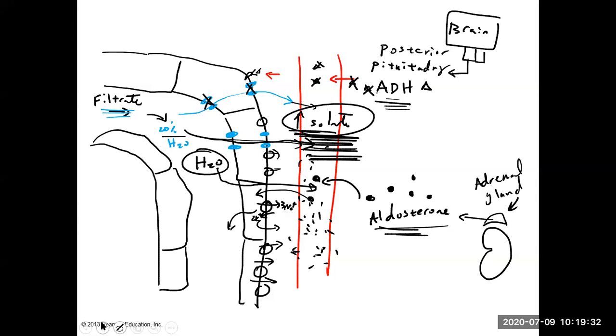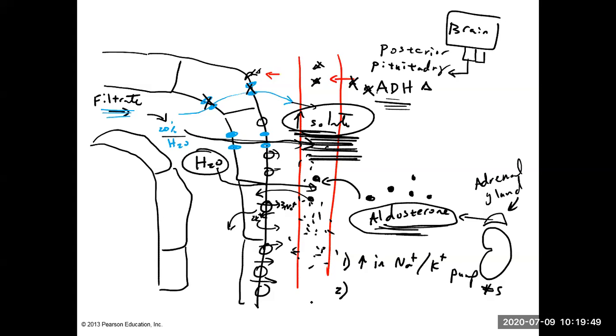So the effect of aldosterone: an increase in sodium potassium pump numbers, so you have a lot more. Number two, again, these cells have a lot of mitochondria too, so they could feed off this sodium potassium pump, and the pumps are working at a faster rate.